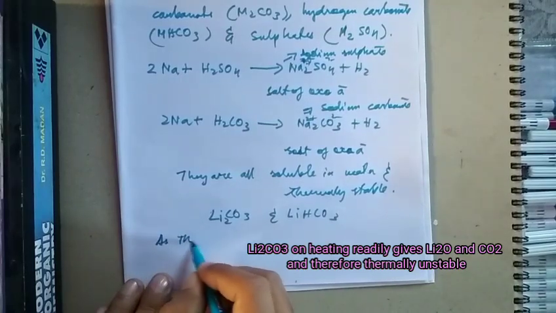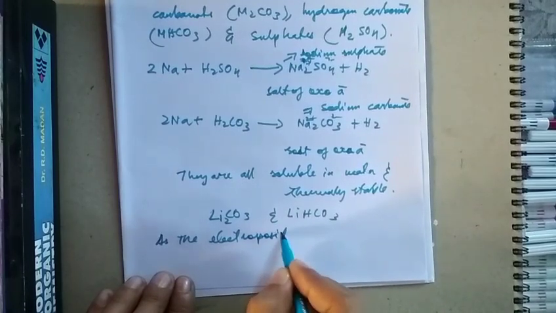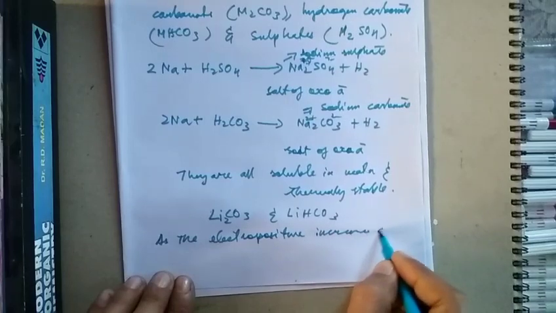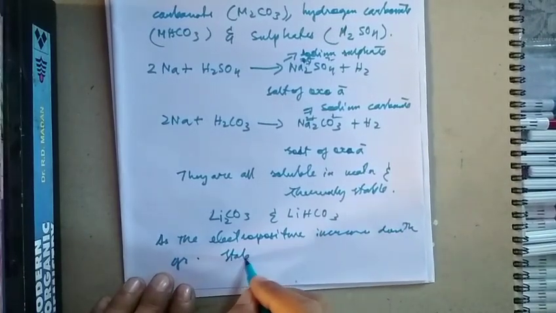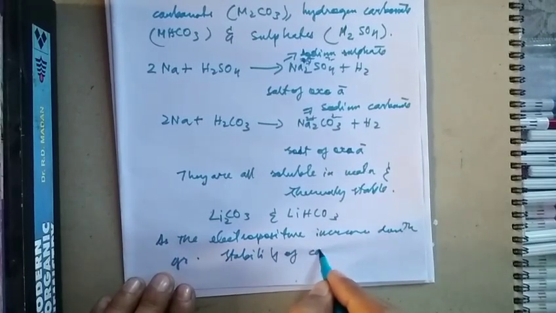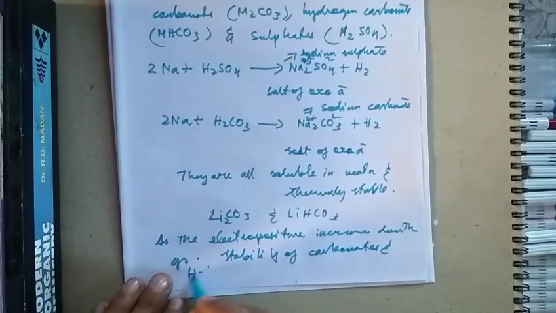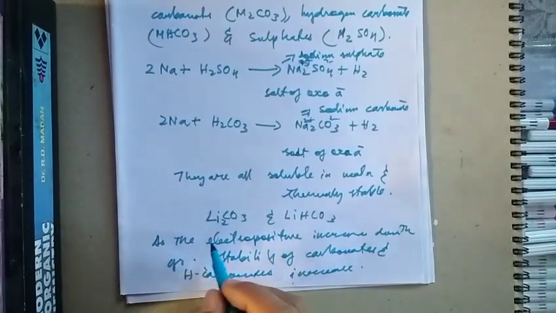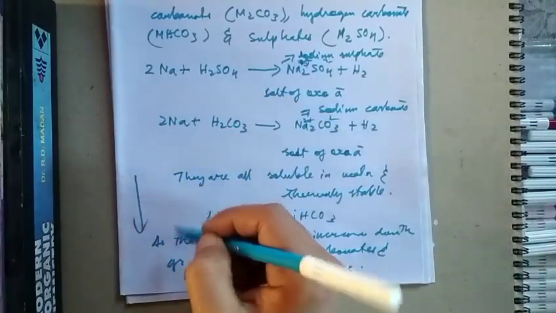Alkali metals are electropositive. We have discussed before that electropositive character increases down the group. The stability of carbonates and hydrogen carbonates increases as we move down the group, because the electropositive character increases.